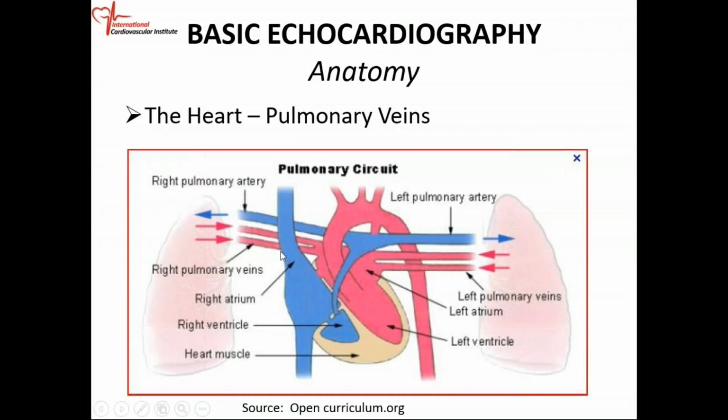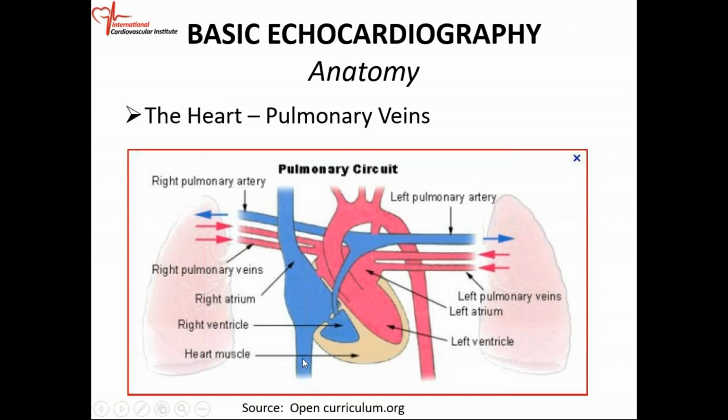All right, again, if you look at the pulmonary circuit, so if you're just looking at it from the deoxygenated blood and the oxygenated blood, superior vena cava, you're going to get deoxygenated blood from the head and neck.